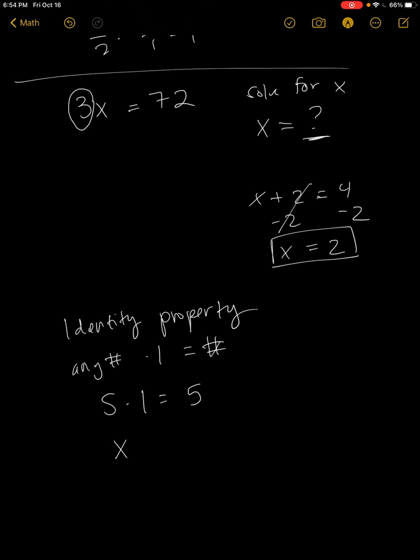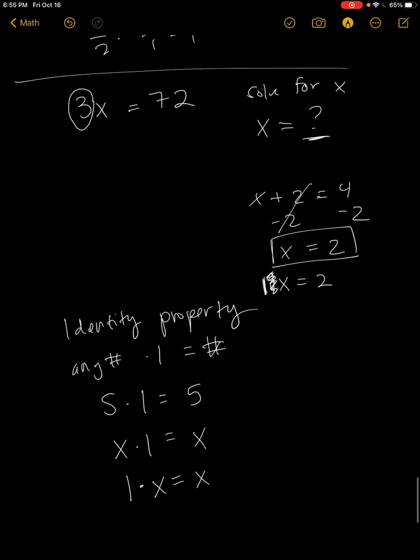If we have a variable, x times 1 is x. Therefore, you could rewrite this, the commutative property, 1 times x is equal to x. So in essence, when we solve this, we're actually solving for 1x. But we usually don't write that 1 because it's redundant. Of course, 1 times the number is just its number, so I don't need to write the 1 there.